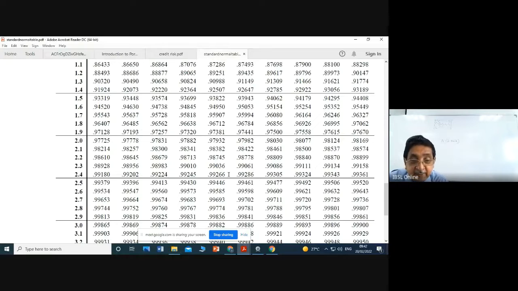The gap comes as 0.99061 minus 0.99036. That comes as 0.00025, into 48 divided by 50.